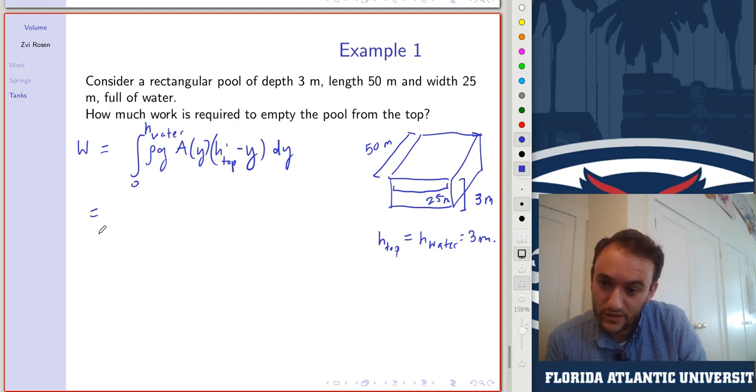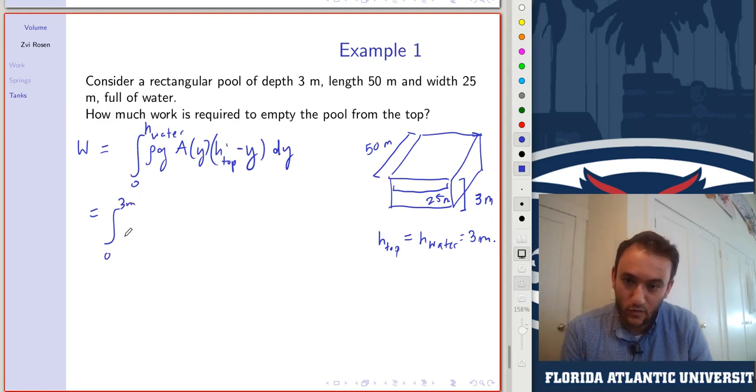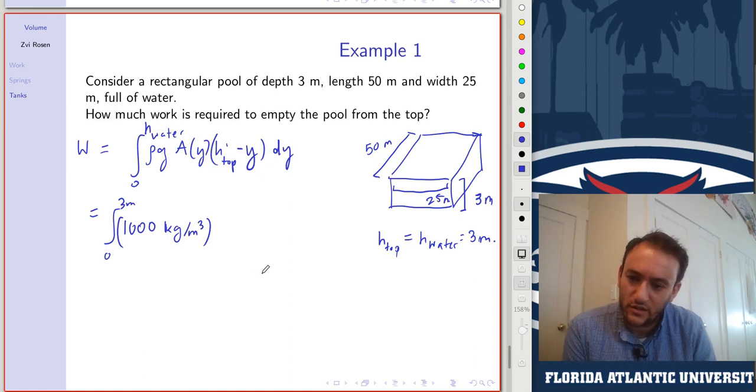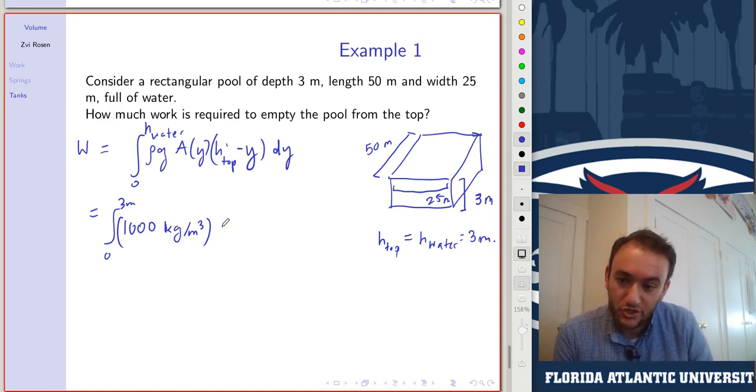So for us, this is the integral from 0 to 3 meters of rho, and the density of water is 1,000 kilograms per meter cubed. That's something that will be provided to you if you need it in a problem. G is given by 9.8 meters per second squared.